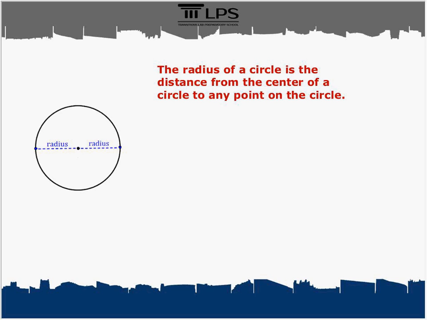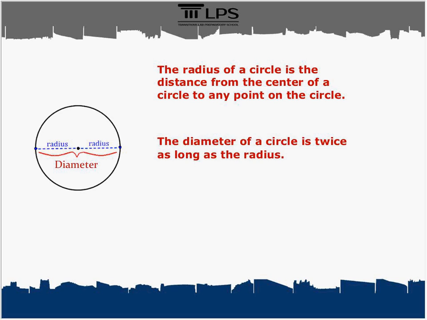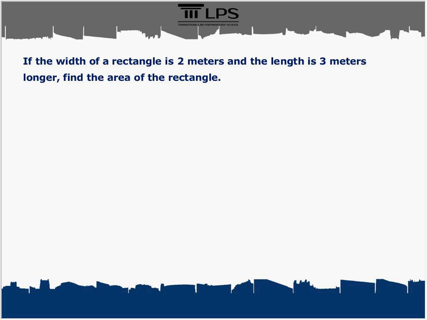This is the radius of the circle because it is any point on the circle joining the center of the circle. 2 times radius is the diameter. Very good, Rahul. The diameter of the circle is twice as long as the radius of the circle. Okay, that's right. This is the concept. Okay, what we have now is a concept. Now that's the question to answer.